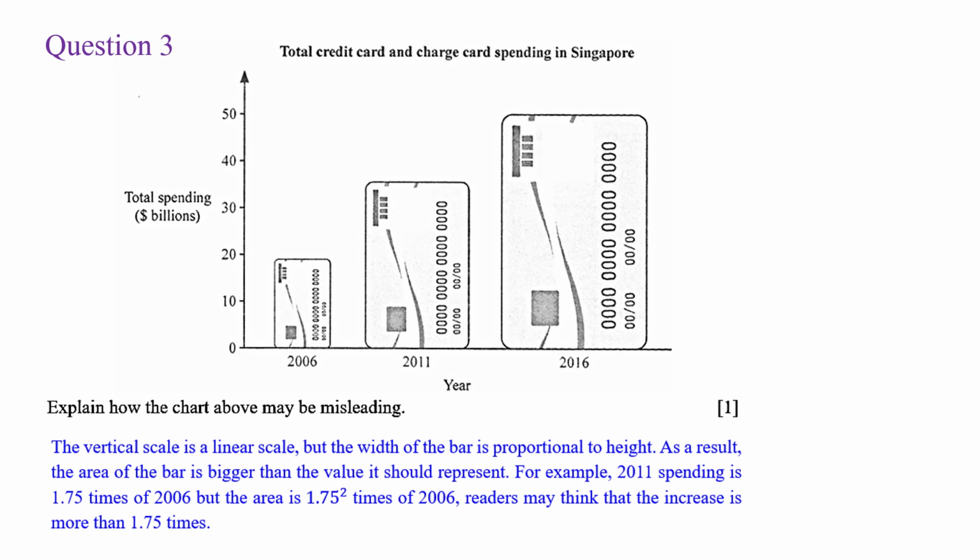So the width of the bar is proportional to the height. As a result, the area of the bar is bigger than the value it should represent.